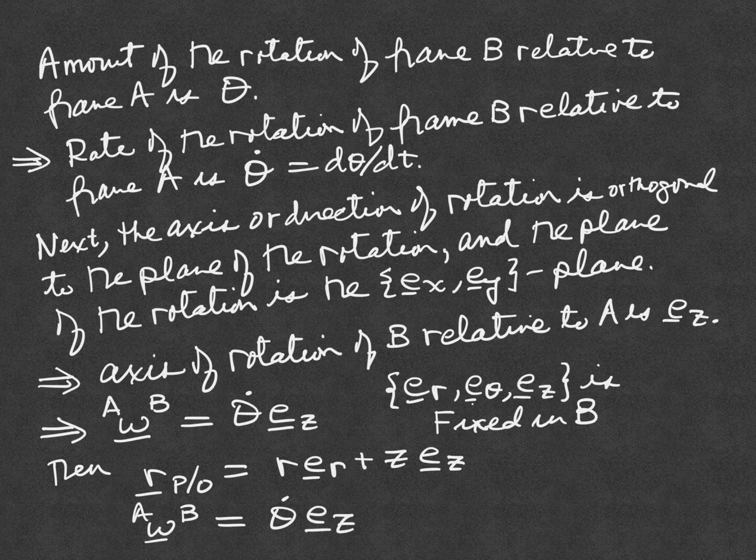So we can now use these two pieces of information to arrive at an expression for the velocity and acceleration of point P as viewed by an observer in frame A using coordinates that are fixed in frame B. And in order to do that, we're going to use the transport theorem.